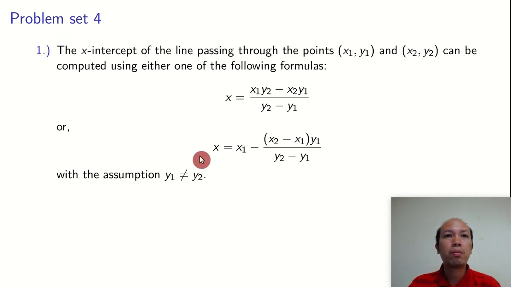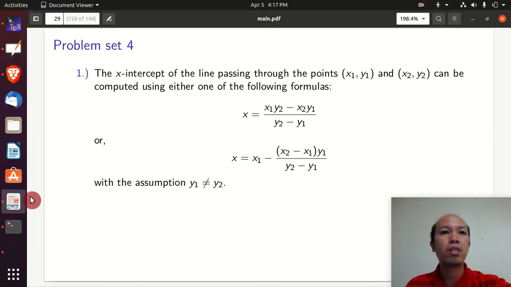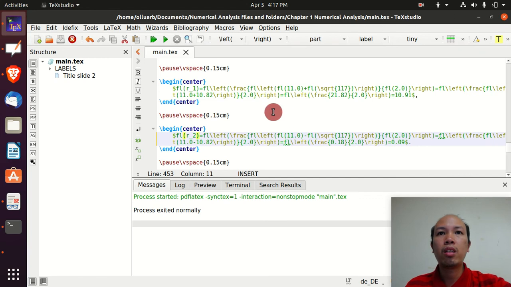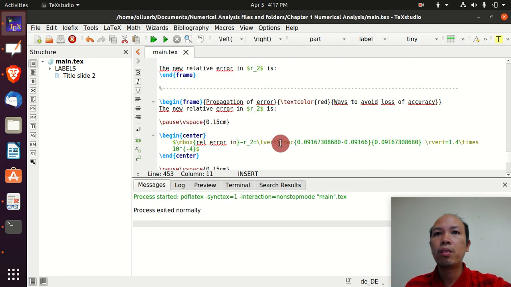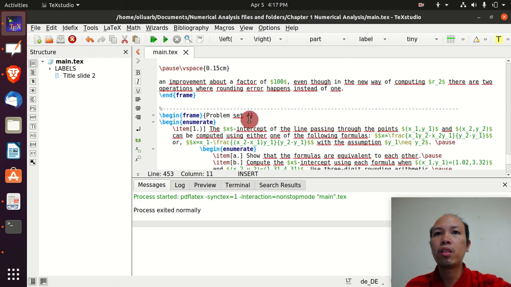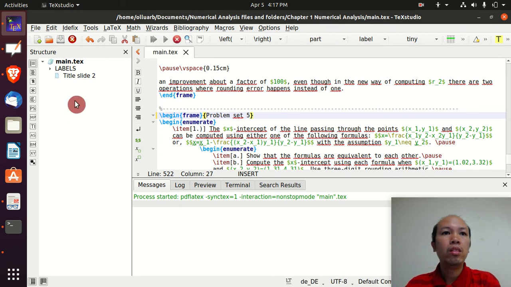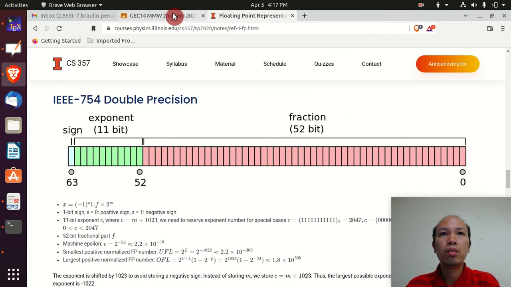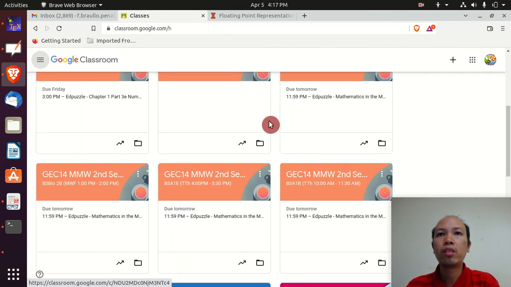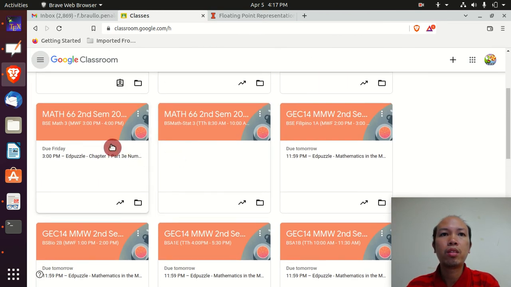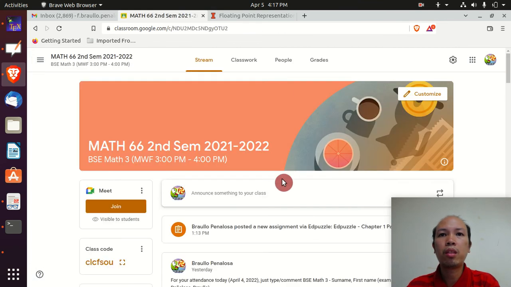So I guess this is problem set number 5, so maybe let's change this one. Problem set number 5, where are you? This one here. Let's go to this one here.